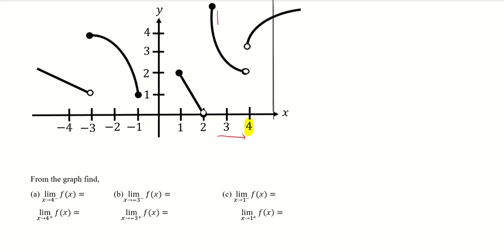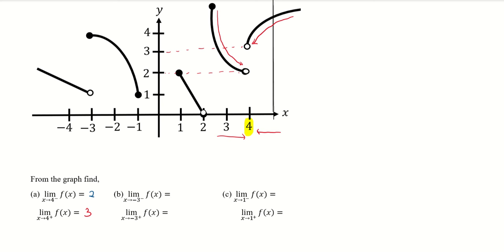You can see the function f is moving toward the value 2. Approaching 4 from the right, the graph moves towards the value 3. So from the left 2 and from the right 3.